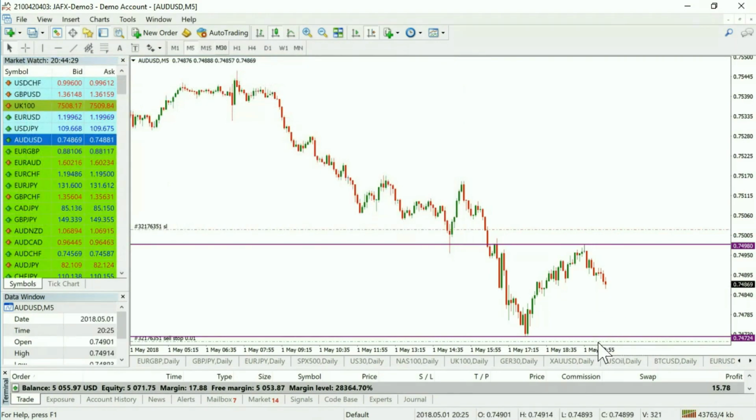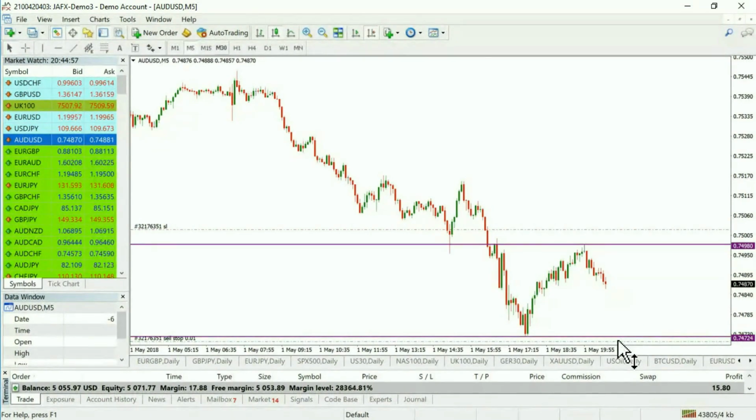So what you see is a sell stop order, wanting to capitalize on this market breaking through that level. That's why it's referred to as a breakout trade, because generally when you get breakouts of support and resistance, or when you physically see the price breaking through those levels, then they're referred to as breakout trades, and you can use these types of orders to capitalize on those big moves.